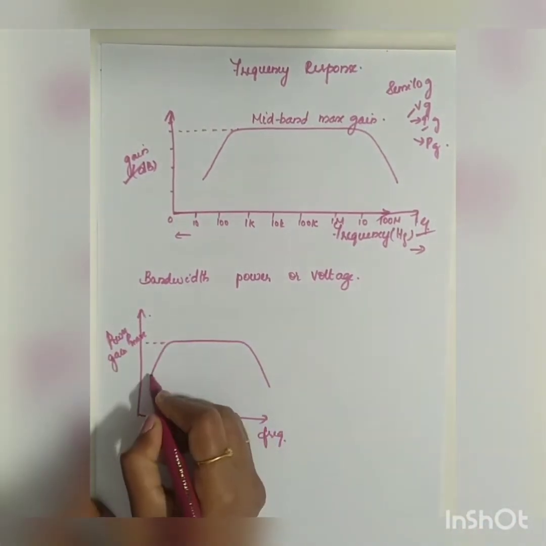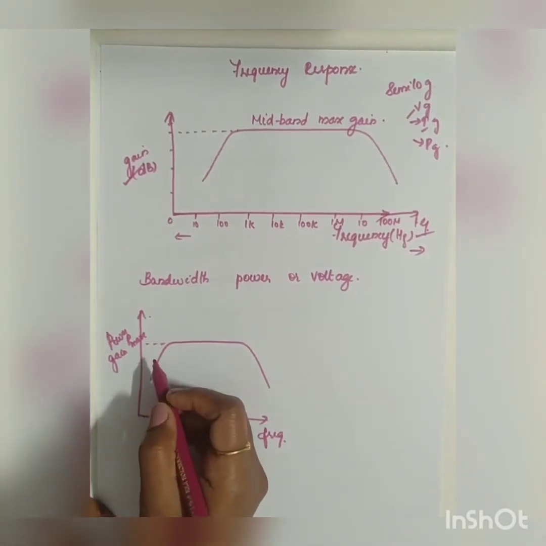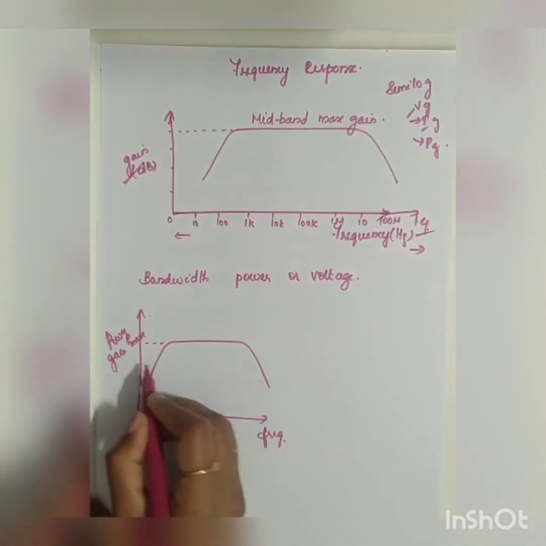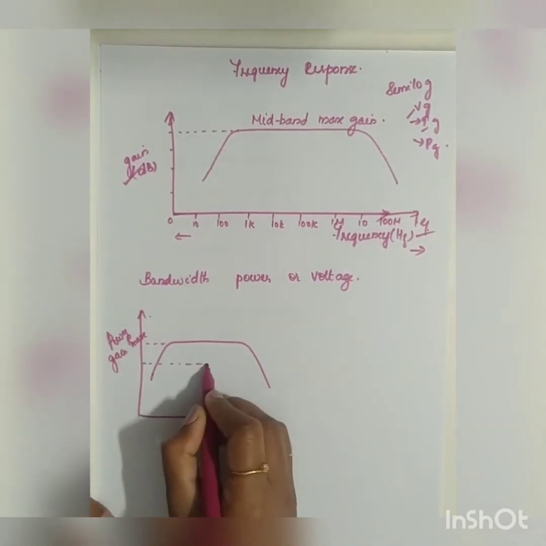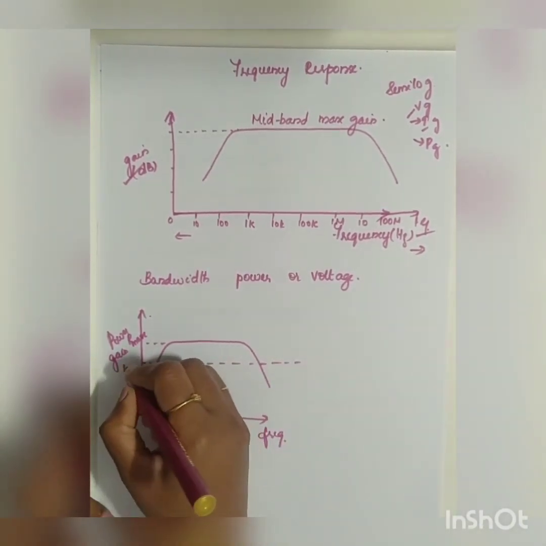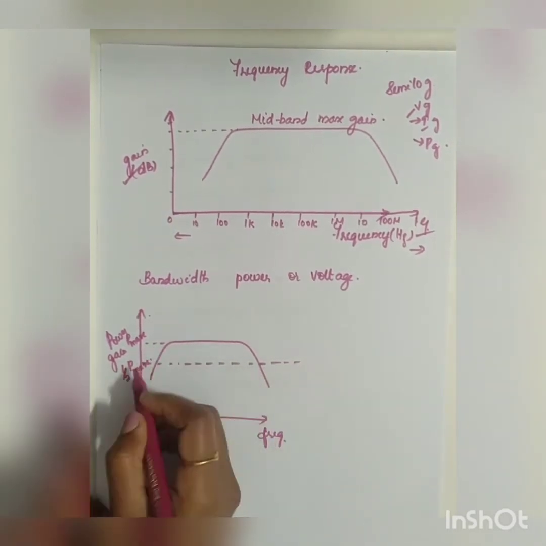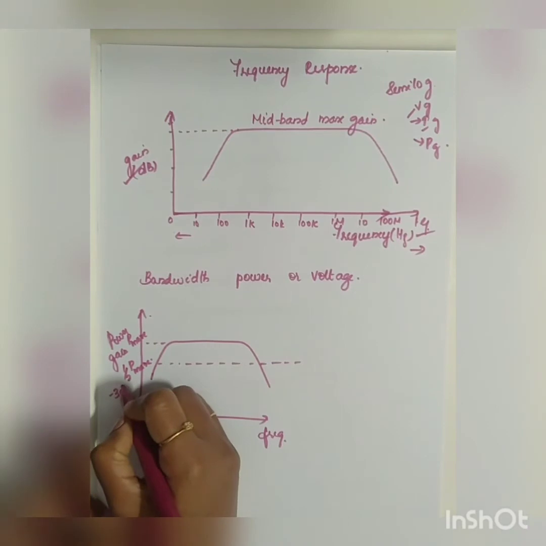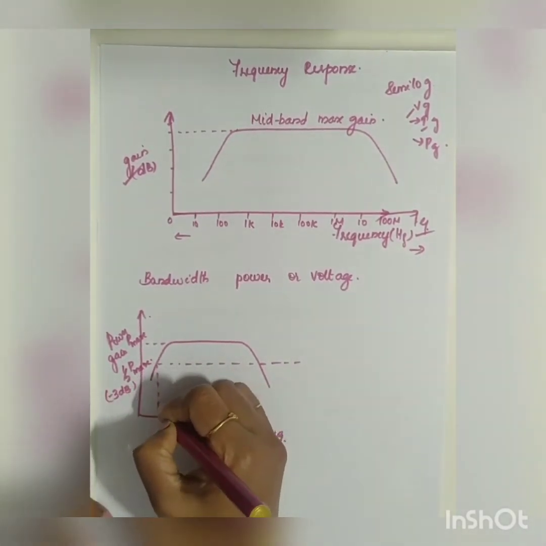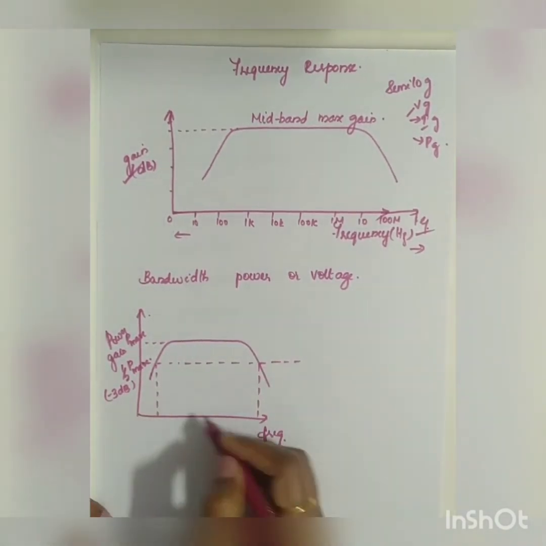Now there is a point where your power becomes 50%. The power has dropped to 50% of your maximum power. So let me take this as the 50% drop. So what will be the value here? It will be half of P max. It has dropped 50%. This is called your minus 3 dB point. This line cuts your response curve at 2 points.